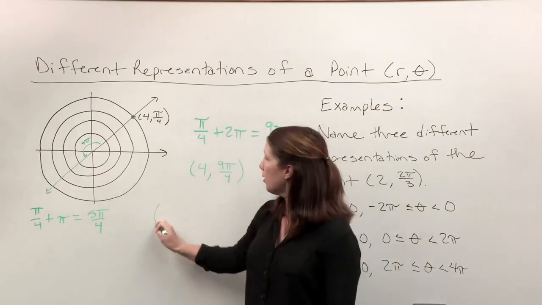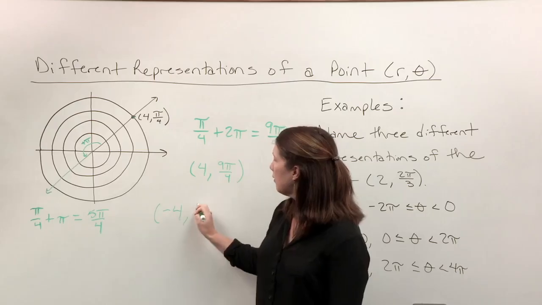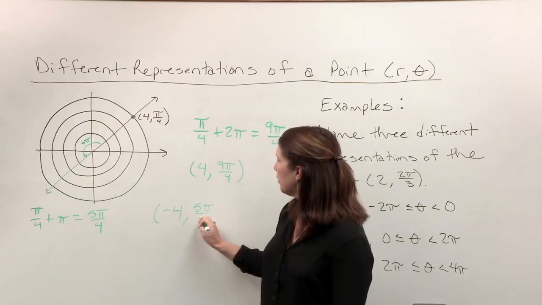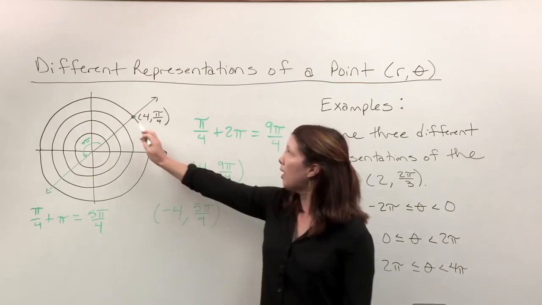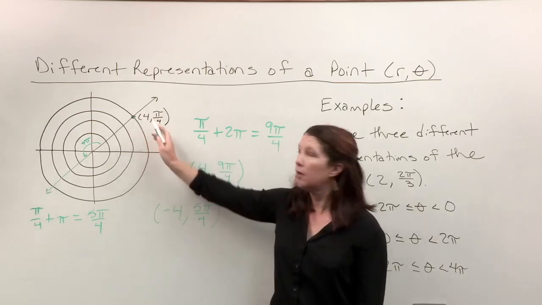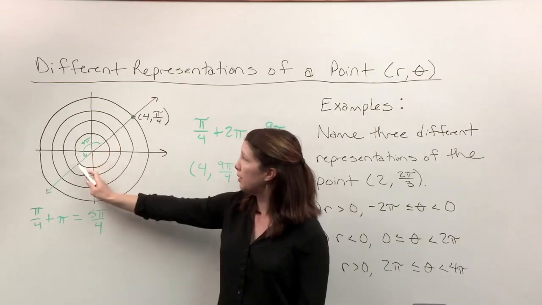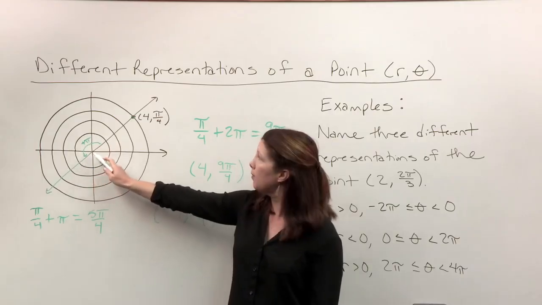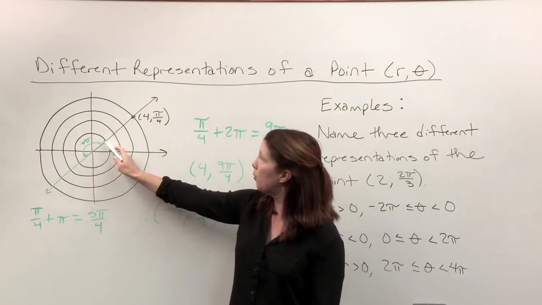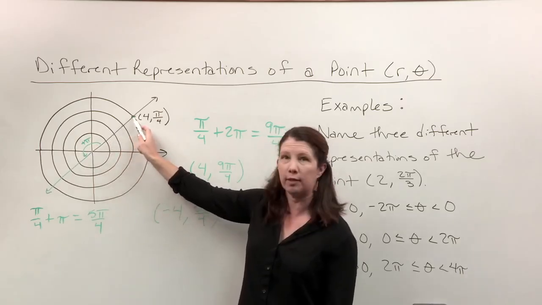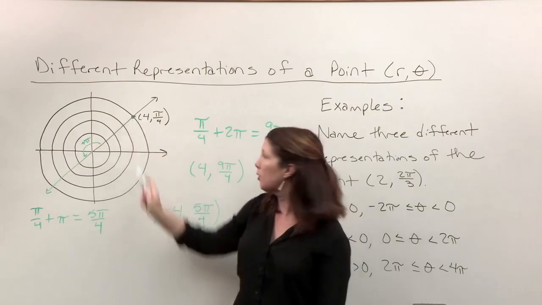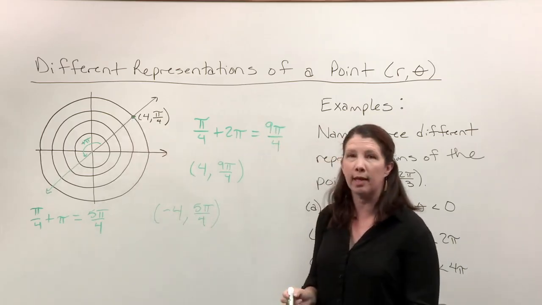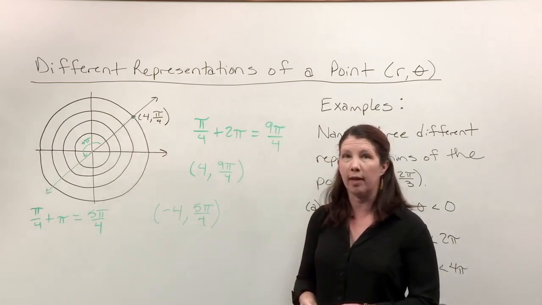The ordered pair -4, 5 pi over 4 would lie in the same spot. 5 pi over 4 would rotate to here, and then a value of -4 would move 4 units in the opposite direction. So in this way, we're able to represent any point in an infinite number of ways.